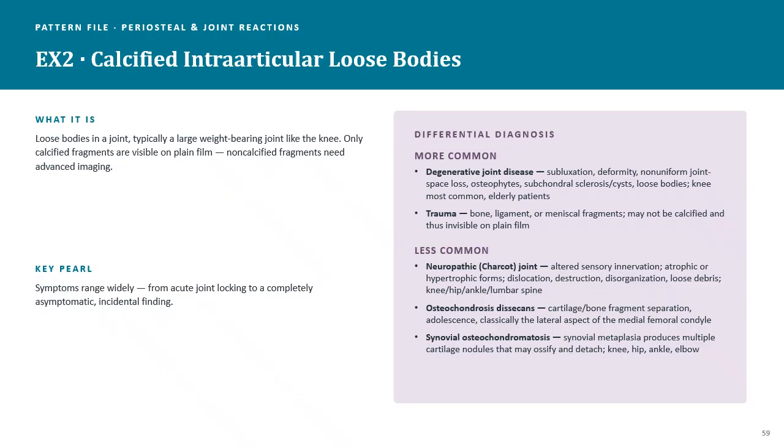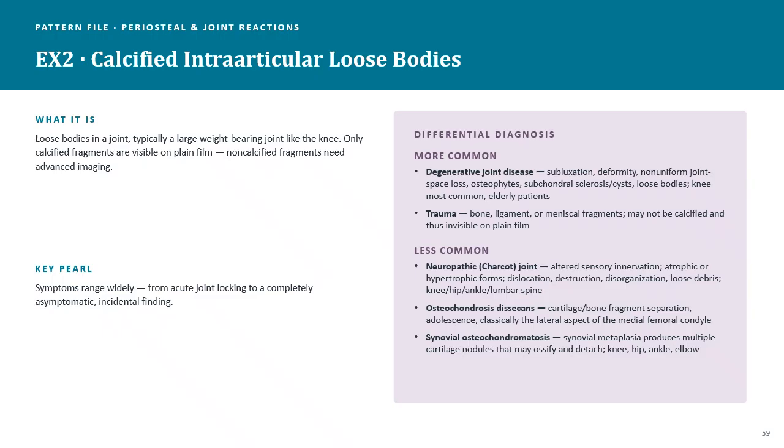Sometimes the patient might not even know that these fragments are there. Other times, those loose bodies, as they're moving around inside of the joint, can cause things like clicking, catching, even locking of that joint sometimes, and they can also cause pain. Another condition is osteochondritis dissecans, which can also cause a piece of cartilage and bone to become loose or separate from the joint.